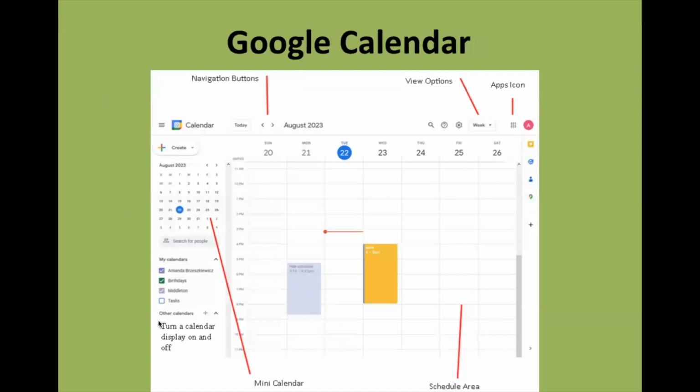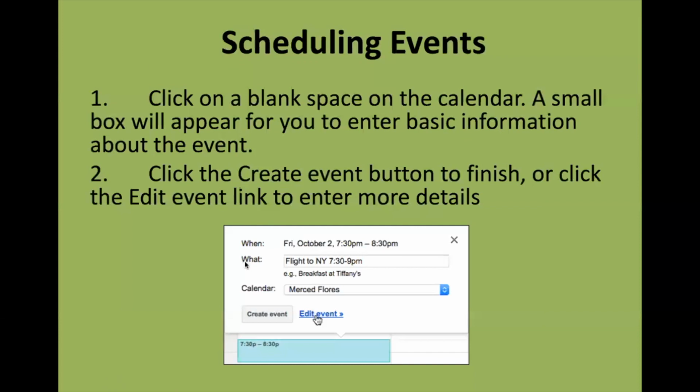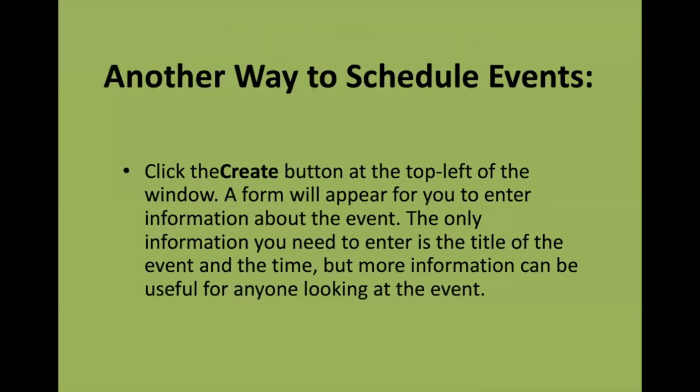If you double click, it should do the same thing and pop up this create button. You can name it, and then you would put in the time, what calendar this is, and then you can hit create. If you click on something, you can also edit it that way. But there is more than one way to schedule the event. Like I said, you can hit the create button, or you can double click somewhere.